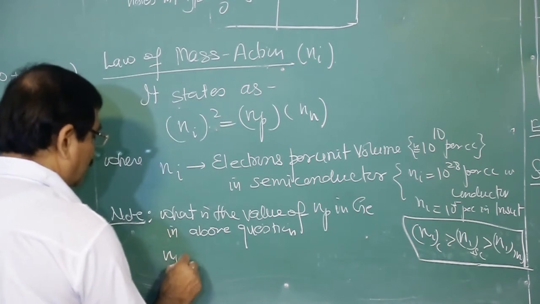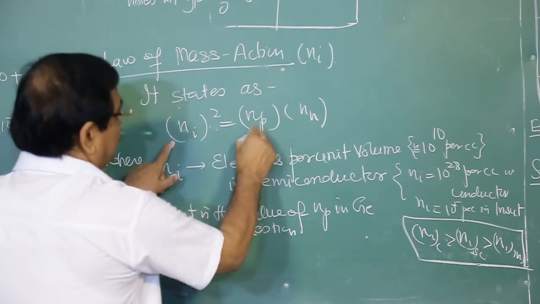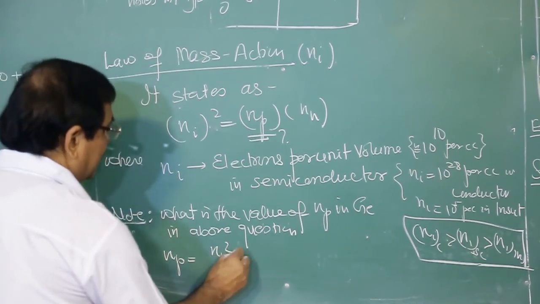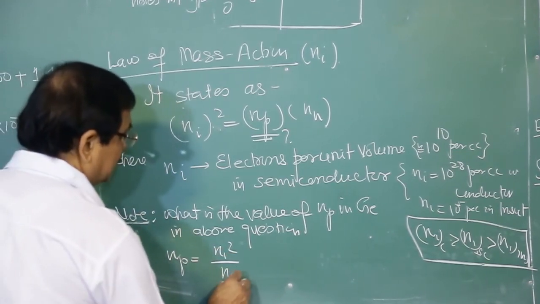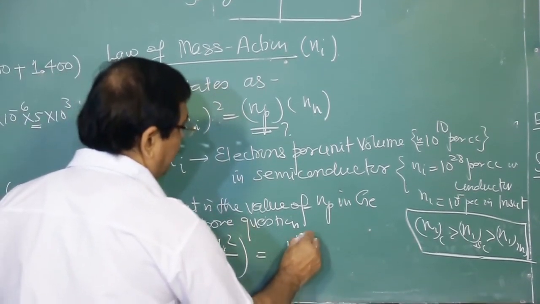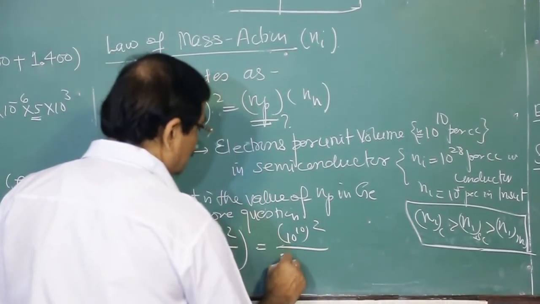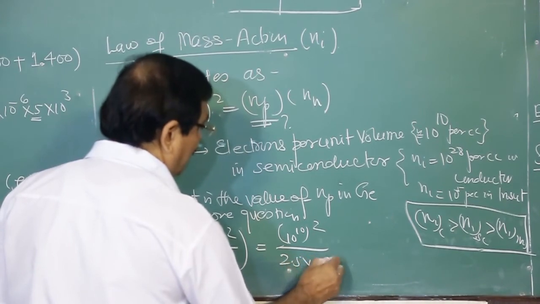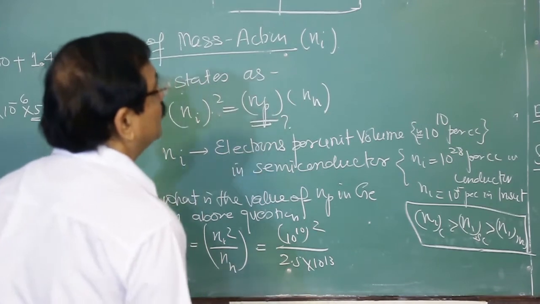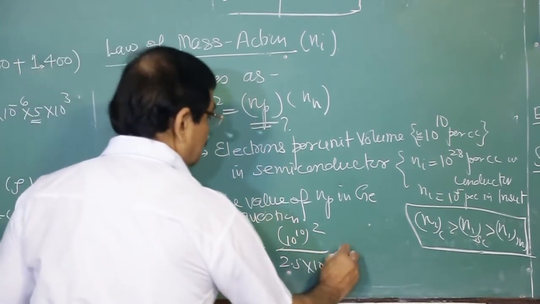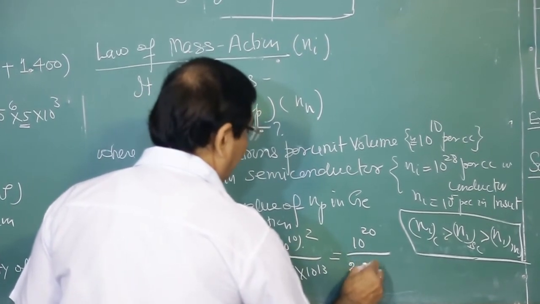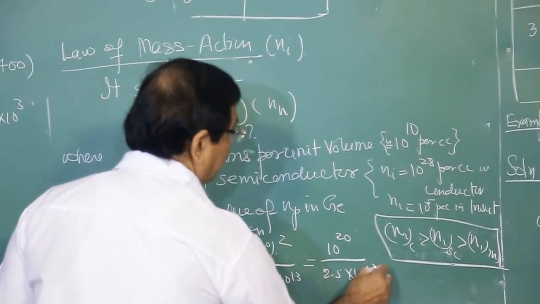Np is equal to Ni squared upon N small n. So, Ni squared is 10 to the power 10 whole squared, and n is 2.5 into 10 to the power 13. So, this is 10 to the power 20 upon 2.5 into 10 to the power 13.